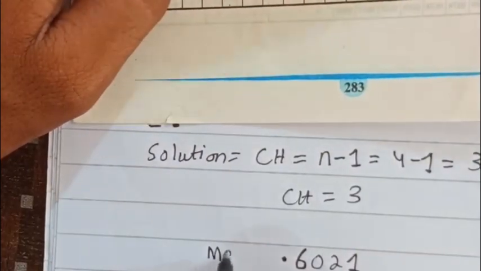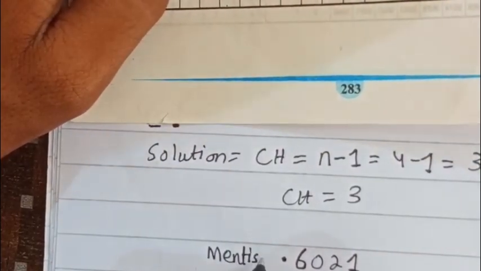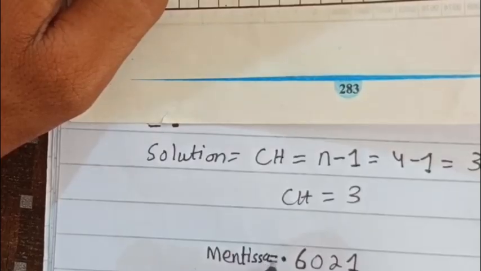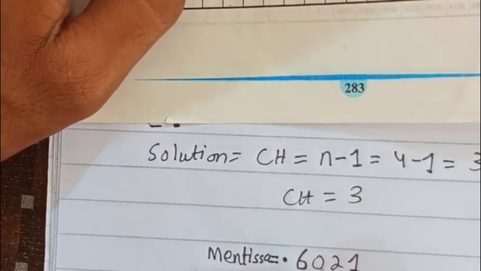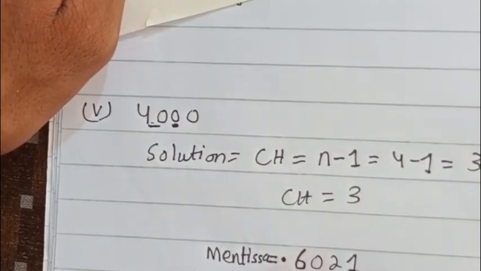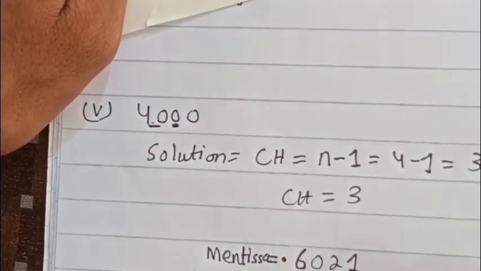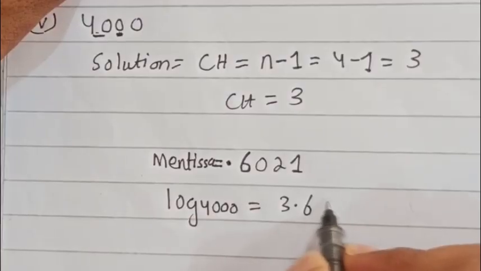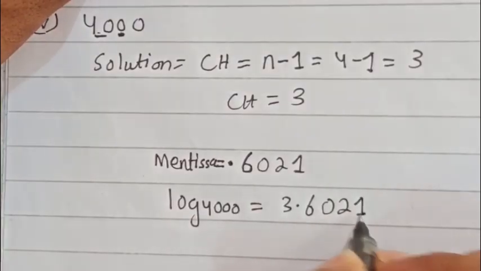So we will put a decimal here. So it is my mantissa. Mantissa is equal to 0.6021. So my logarithm will be log 4000 is equal to 3.6021. Okay, 3.6021.